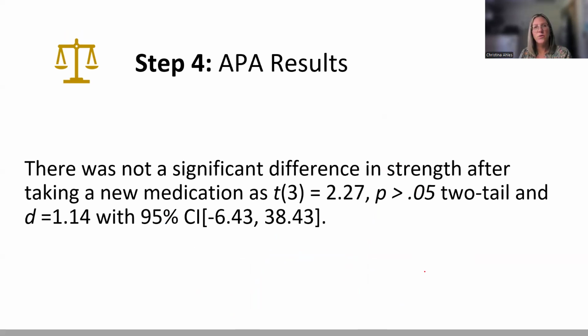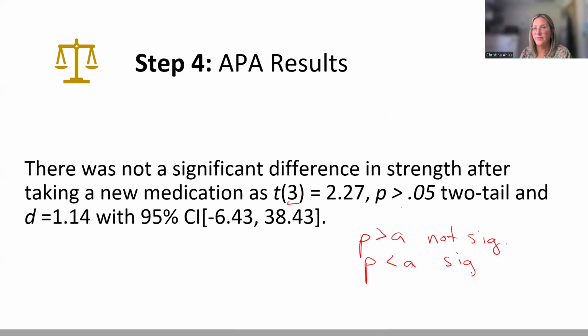So here's how we could state this. There was not a significant difference in strength after taking a new medication, as t, and again, this is our degrees of freedom right here, is 2.27. Our p-value is greater than 0.05 because remember, p is greater than alpha when it's not significant. If it is significant, p is less than alpha.